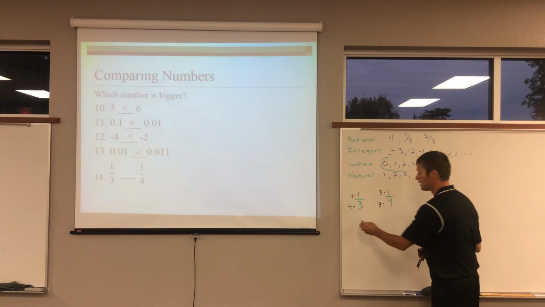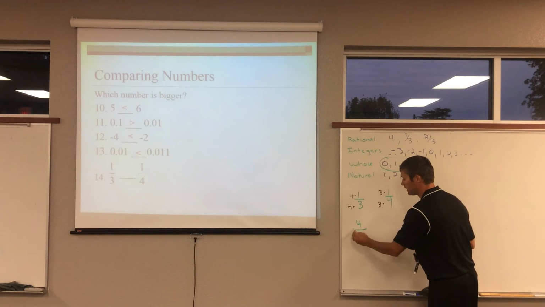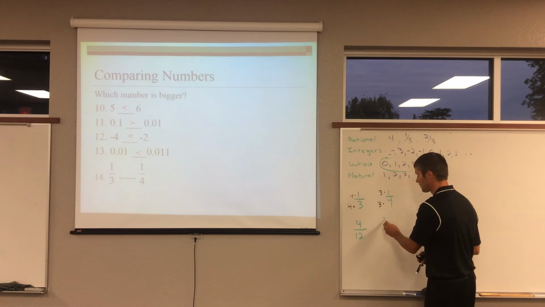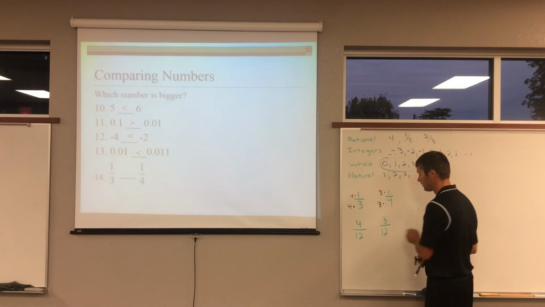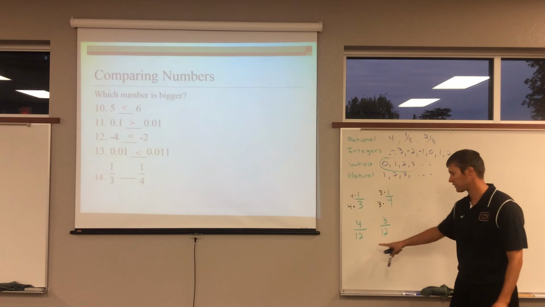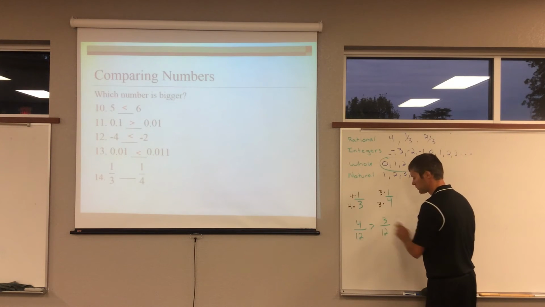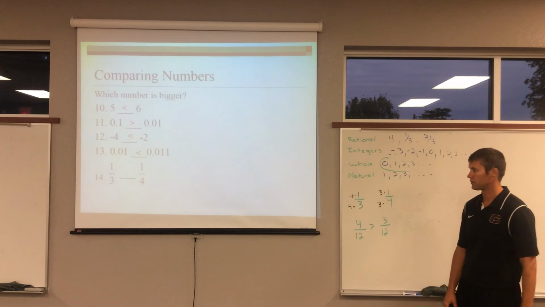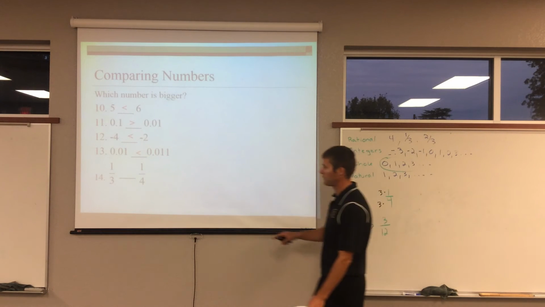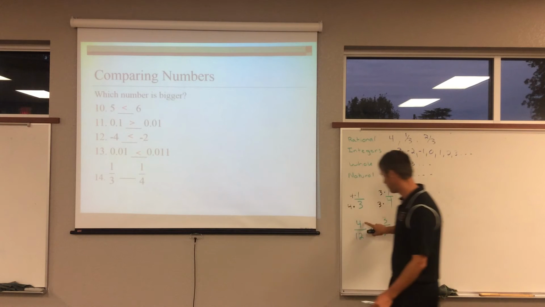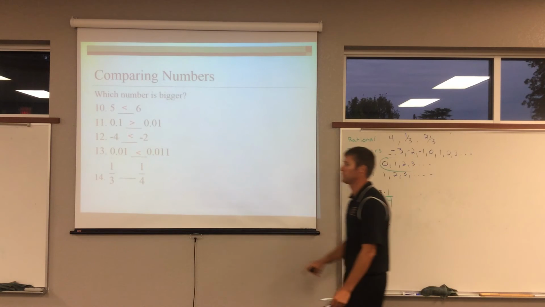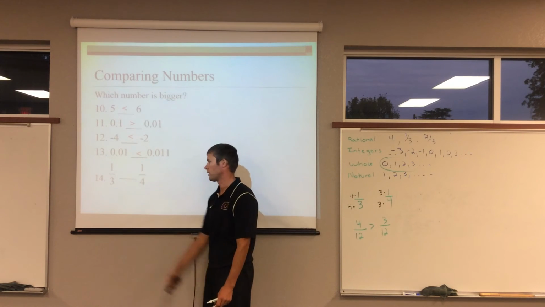So 4 times 1 is 4, 4 times 3 is 12, 3 times 1 is 3, 3 times 4 is 12. Which is bigger, 4/12 or 3/12? Well, 4/12 is larger. 4 is bigger than 3. Just a reminder that 4/12 was actually 1/3, so we'd say 1/3 is greater than 1/4.